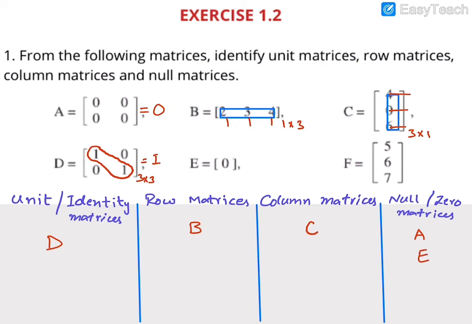Its order is 1 into 1. So you can write this one as row matrix also and column matrix also, because it has one row and one column. F is again a column matrix because its order is 1 into 3, 1 column and 3 rows. And you know if column is 1, it is called a column matrix. So F in the column matrix here.